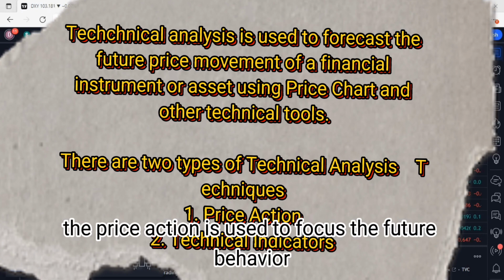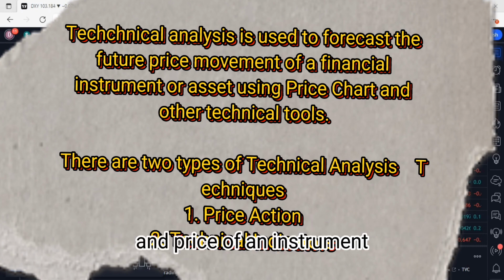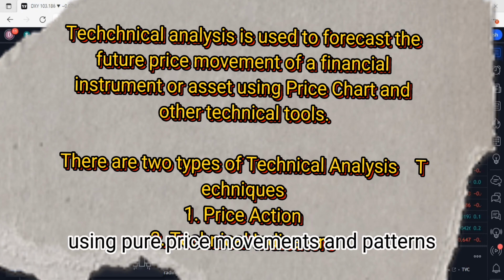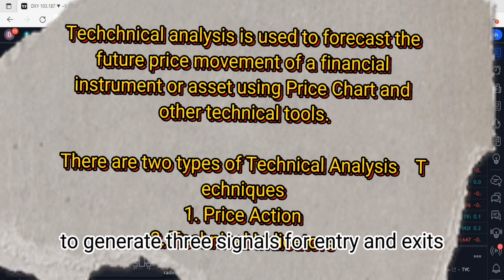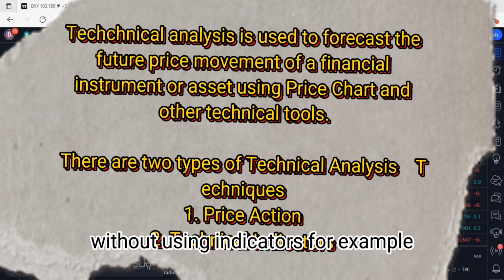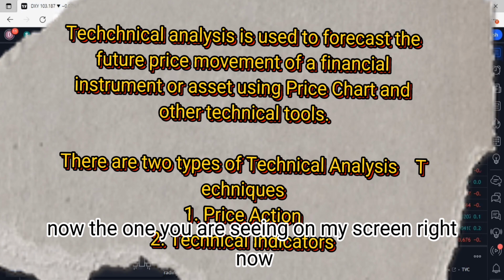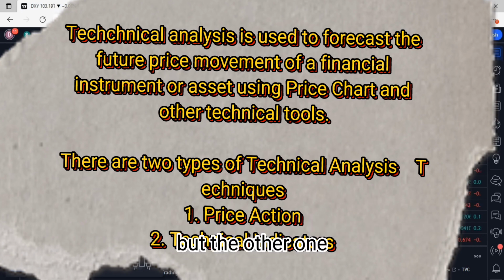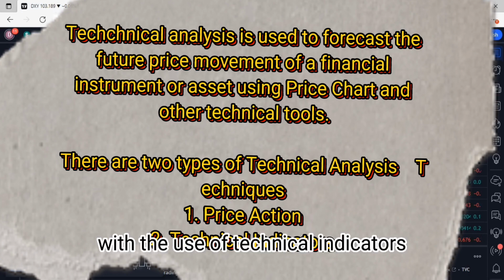So the price action is used to forecast the future behavior and price of an instrument using pure price movements and patterns to generate trade signals for entry and exit without using indicators. For example, the one you are seeing on my screen right now. But the other one is with the use of technical indicators.